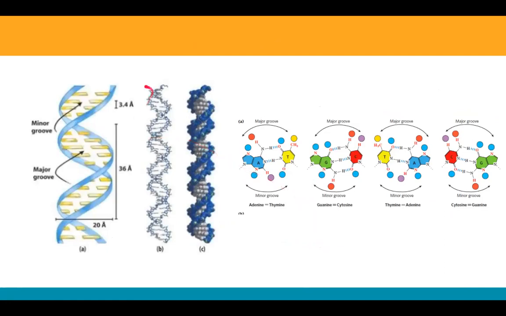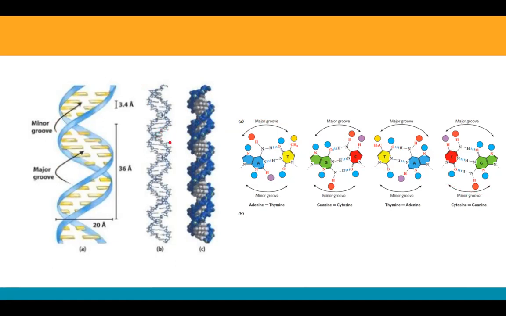Okay, just to have a short review of the major and the minor groove. So this is the major groove and this is the minor groove. Now, as you can see from their molecular structure, we have several atoms that are available for hydrogen bonding. And this is what is very important when proteins bind to a specific DNA molecule.